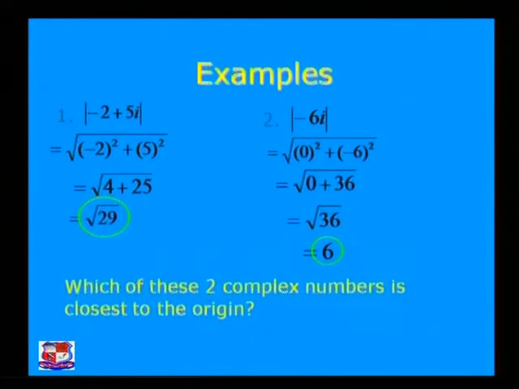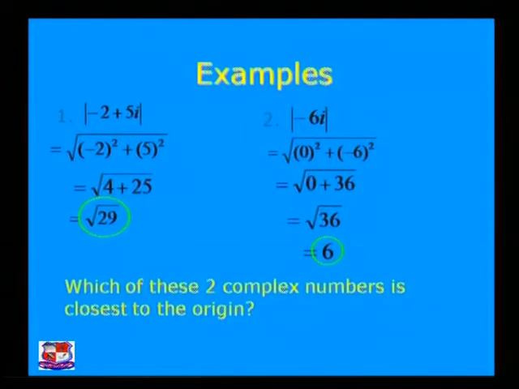So we can say which of these two complex numbers is closest to the origin. We know that the modulus of any complex number is the distance of that particular complex number to the origin. If the modulus is less, then the distance is less.